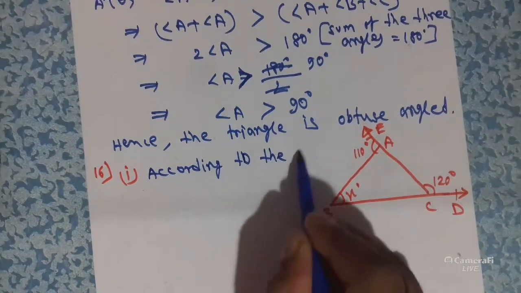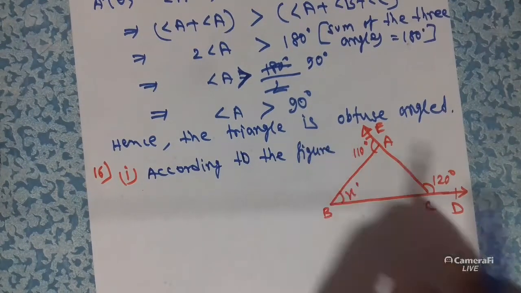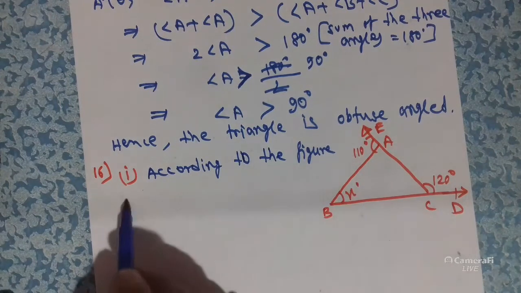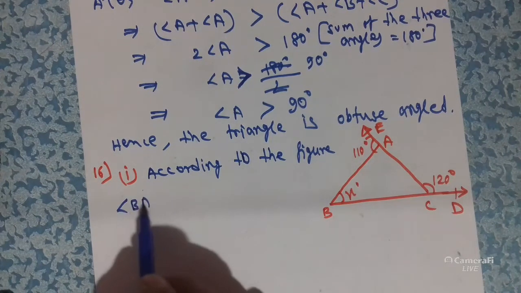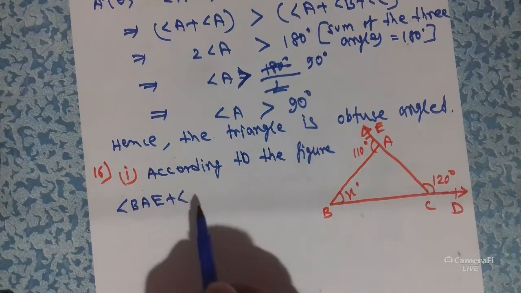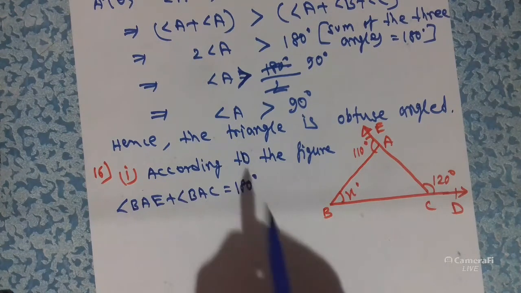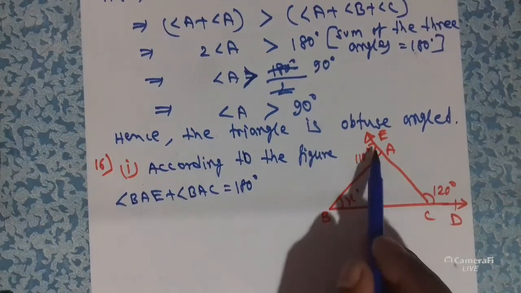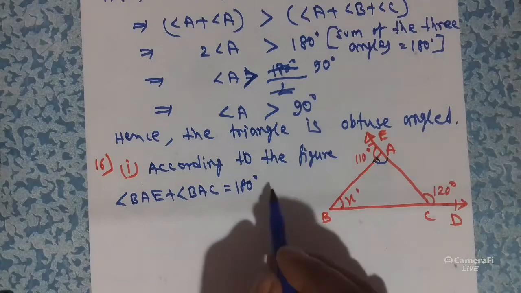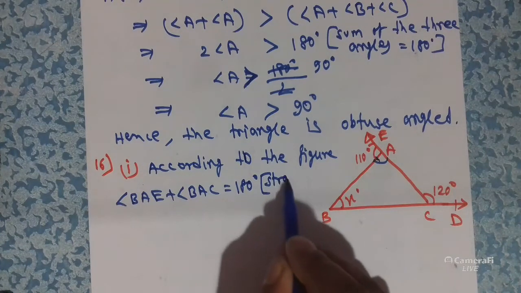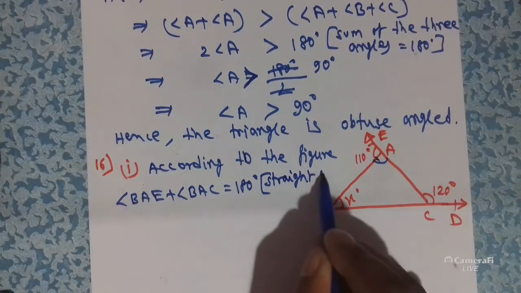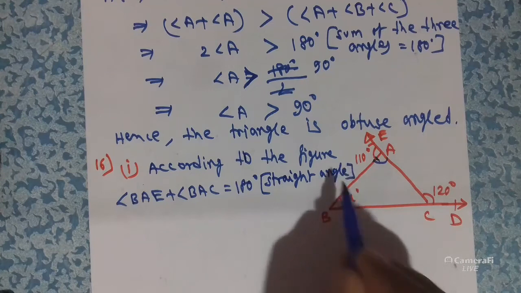So at first, if we write according to the figure, angle BAE plus angle BAC is equal to 180 degrees. Why? These two angles make 180 degrees, because it's a straight angle.